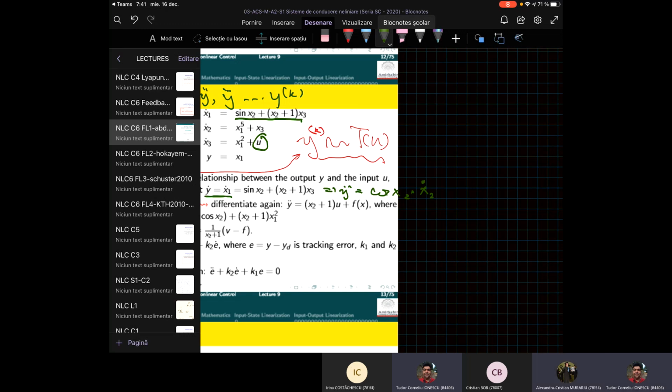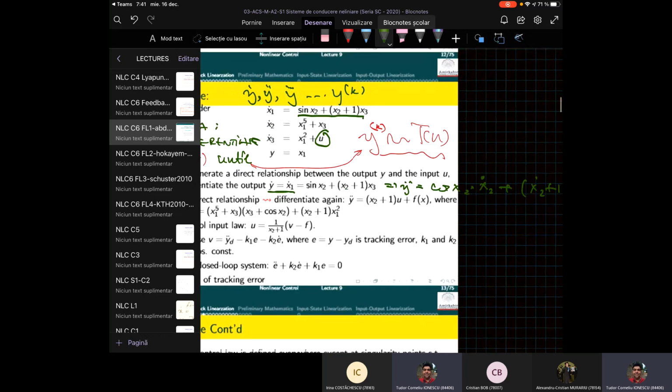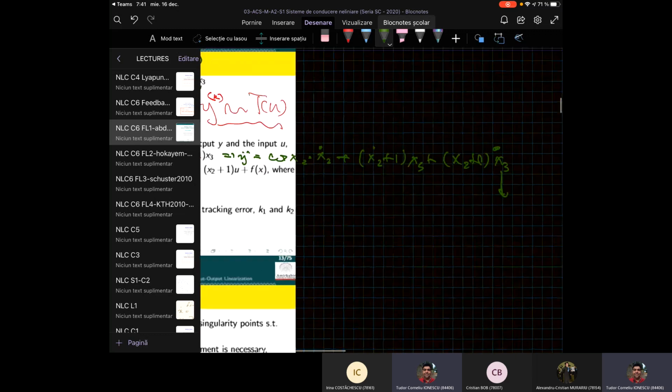Are they visible on the black background, or do I need to change the color? Now the x3 dot, look at this equation, contains u.